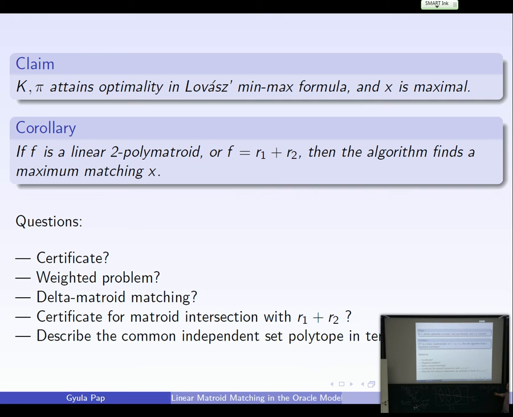So this is a valid inequality. And if you consider them and take the integer hull, you get back the common independent set polytope. But that's an integer programming description. Does this one have Chvátal rank 1? I don't know. Maybe.